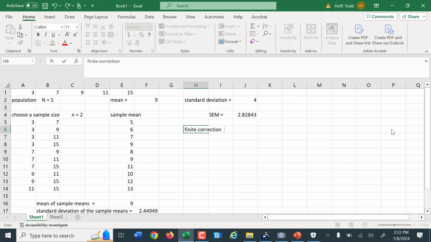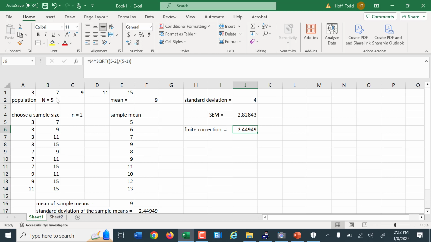And how that works is I take this number here, the population standard deviation divided by the square root of n, and I'm going to multiply it by the square root of capital N, which is 5, the size of my population, minus the size of my sample, which is 2, divided by the size of my population of 5, minus 1. And there you see I get exactly my standard deviation of the sample means. So that's after the finite correction comes in that we get that to actually work out.